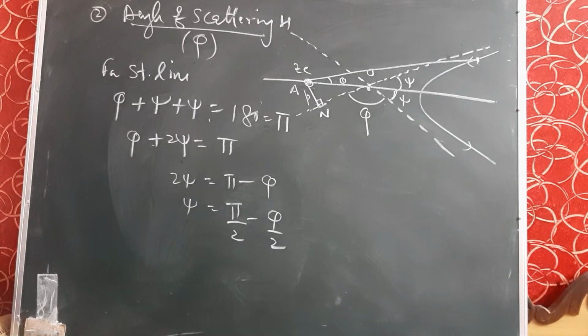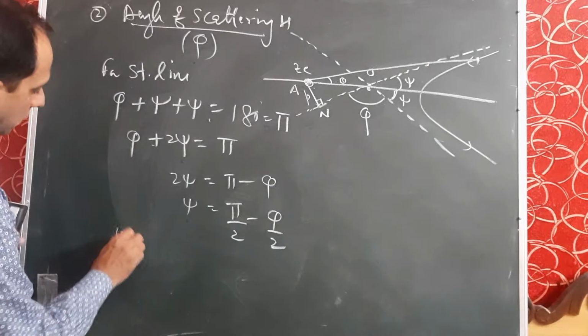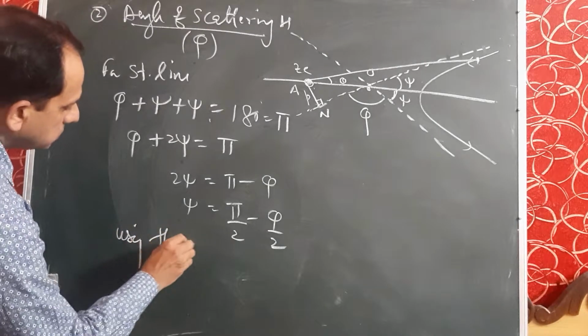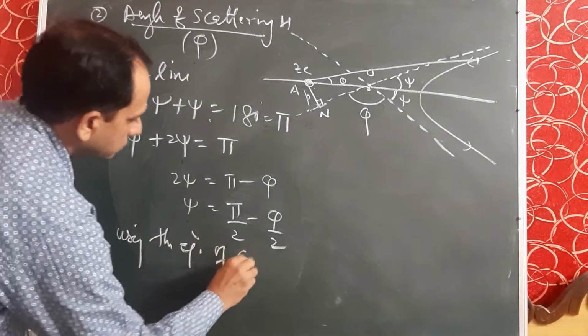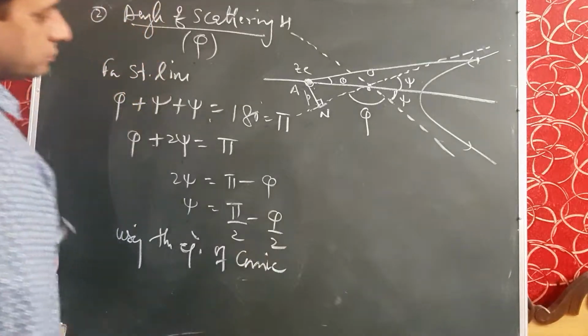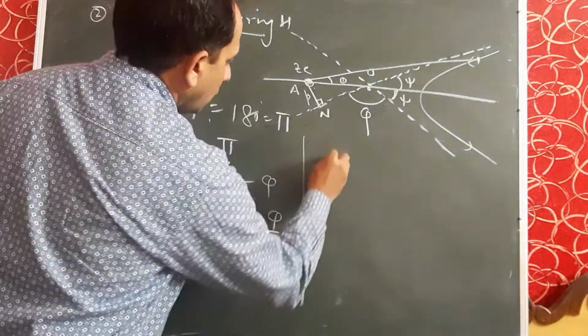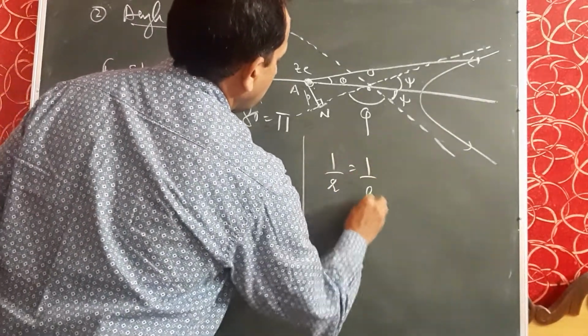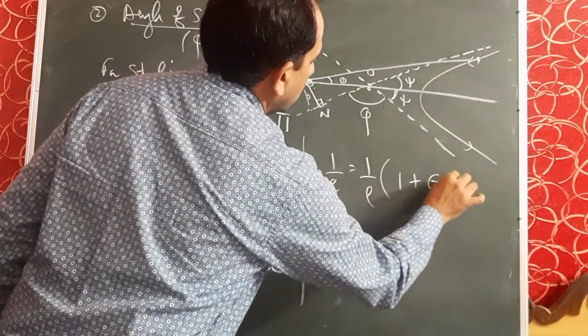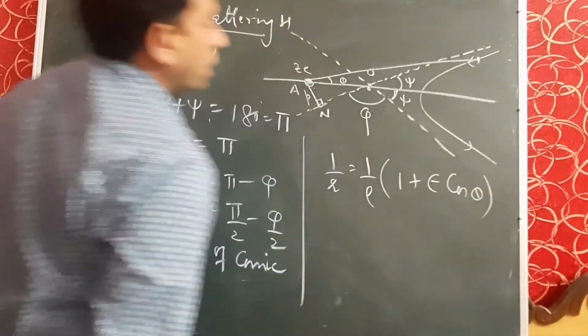Now we will use the equation of conic. So what is the equation of conic? Using the equation of conic, that is 1 by r equal to 1 by L into 1 plus epsilon cos theta.